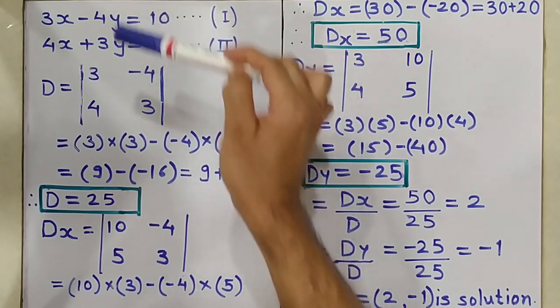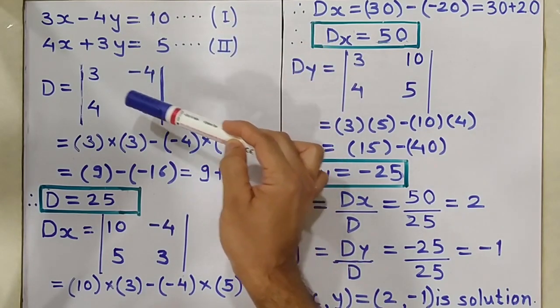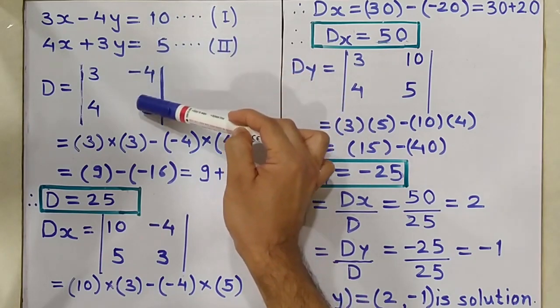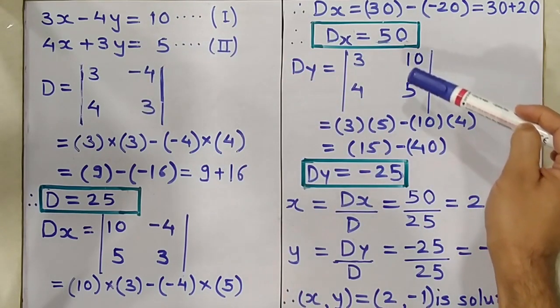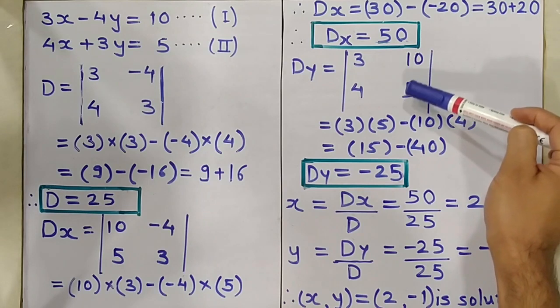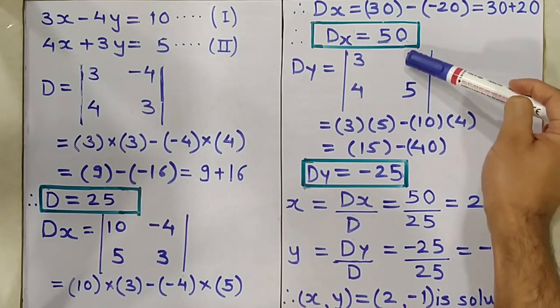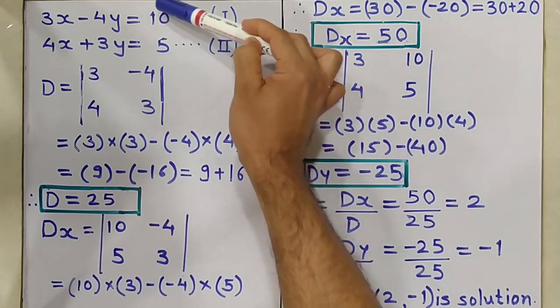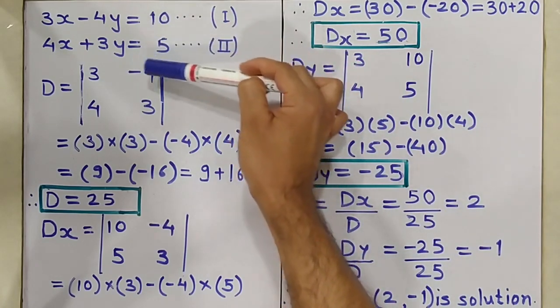इसका मतलब है कि ये माइनस 4 और 3 ये चला जाएगा और उसके जगह पे 10 और 5 आएगा. You see, we have written over here 10 and 5. Coefficients of y रिप्लेस हुए और उसकी जगह पे constant terms आए, that is 10 and 5.